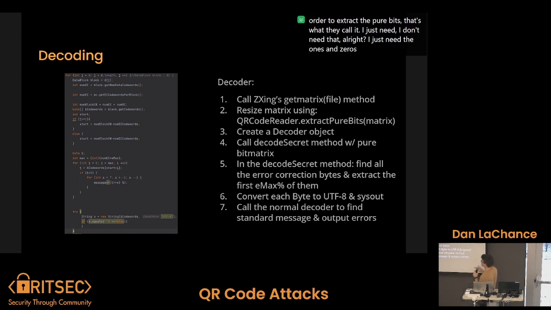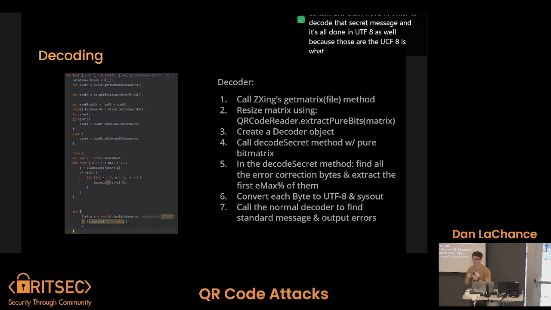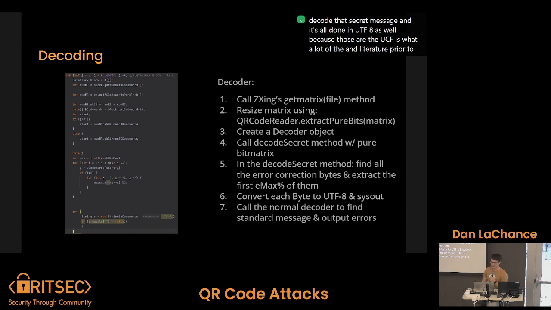From those ones and zeros, I can send it to a decoder object, and from the decoder object, I can pull out the set of bits that I need in order to decode that secret message. And it's all done in UTF-8 as well, because UTF-8 is what a lot of the literature prior to my research used.